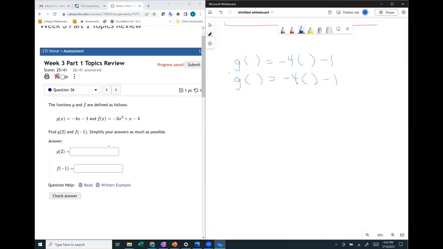You don't have to do this in real life, but here's an x and here's an x. That's our original equation. What g of 2 means is I replace my x's with a 2. That means g of 2 is equal to -4 times 2, which is -8, minus 1, which equals -9.